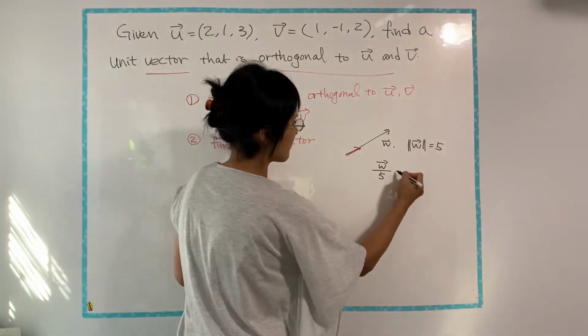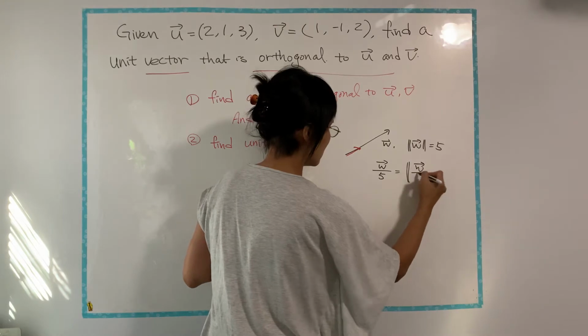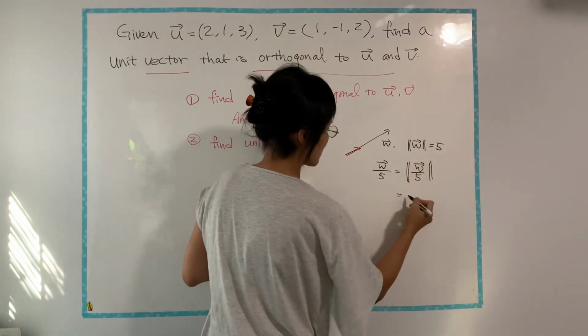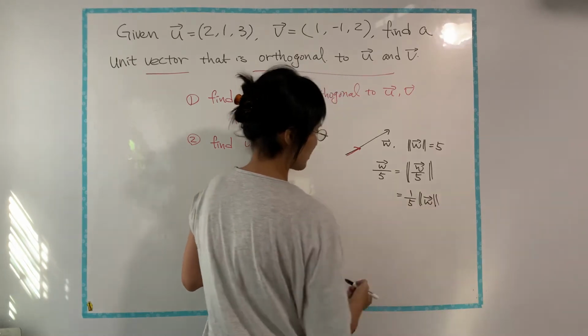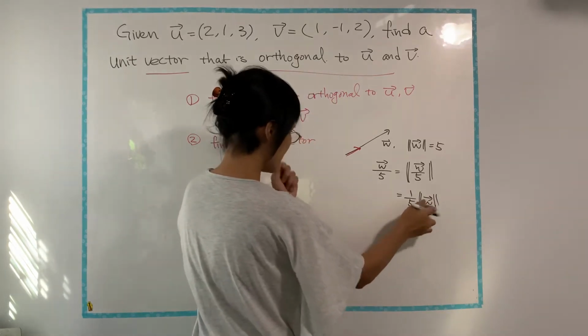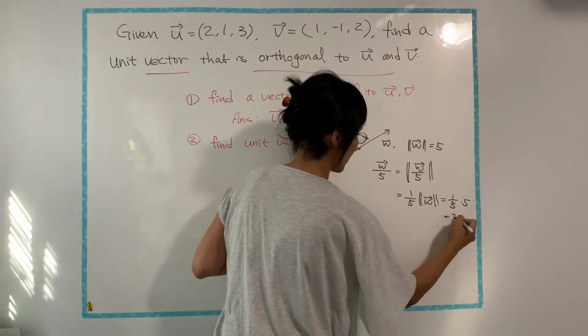Because if now I look at the length of this new vector, this is 1/5 of the length of W. And how much is the length of W? It's 5. So I will have 1/5 times 5, that is 1.